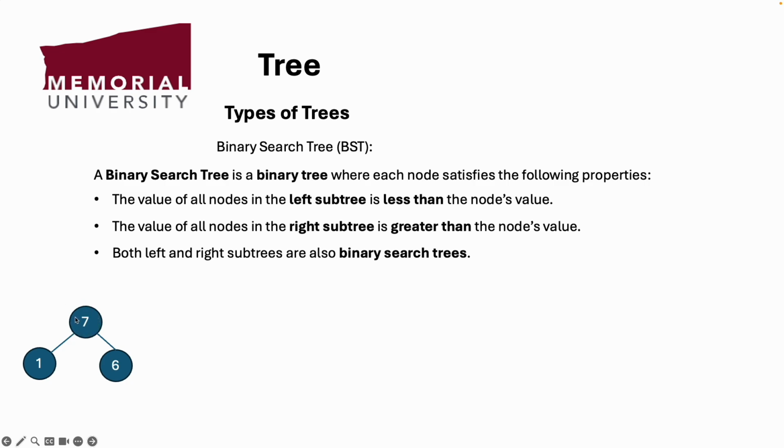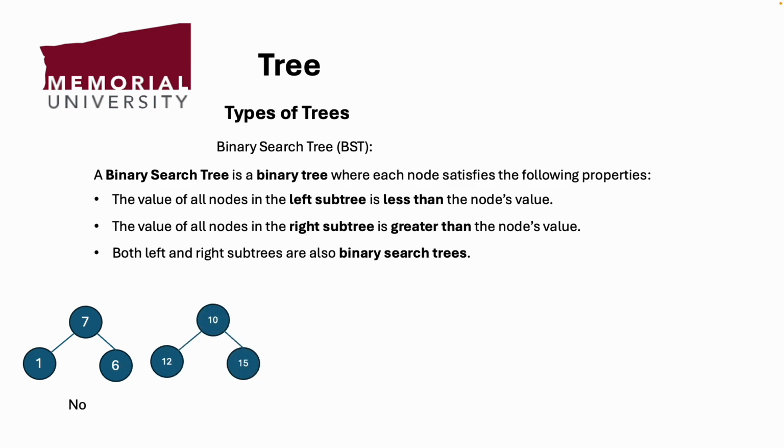On the root level, we have node 7. The left child is node 1, which is less than node 7. The right child is node 6, which is not greater than node 7. So this is not a binary search tree.